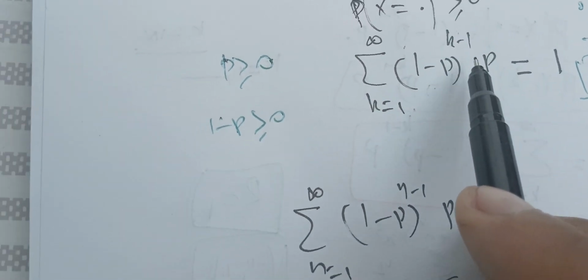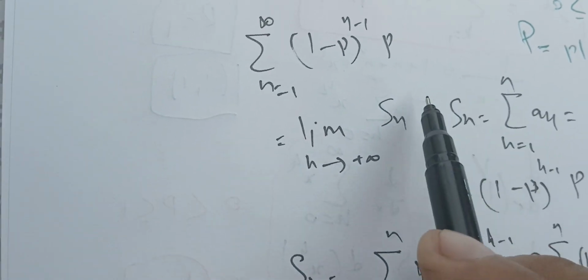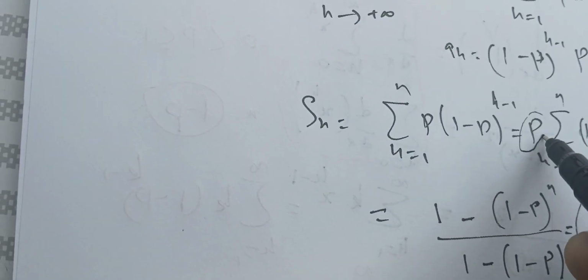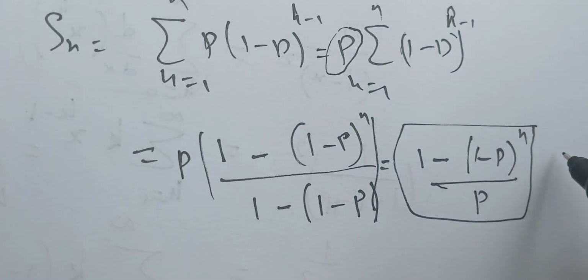Don't forget that I have a p in the front that I'm not using here, I'm using just this sum, the a_k. So if I multiply by this p, I'm gonna have 1 minus (1 minus p) to the power n. So this is my S_n.